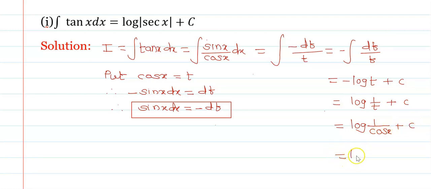It is sec x, and hence this is the log of sec x plus c, and hence the integral of tan of x into dx is equals to log of sec x plus c, and this is the answer.